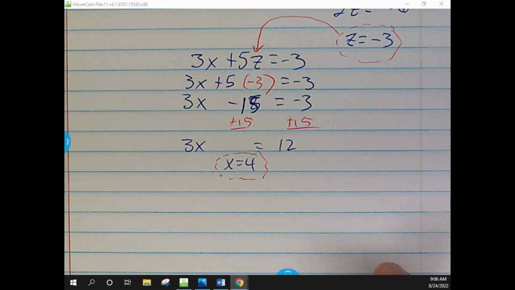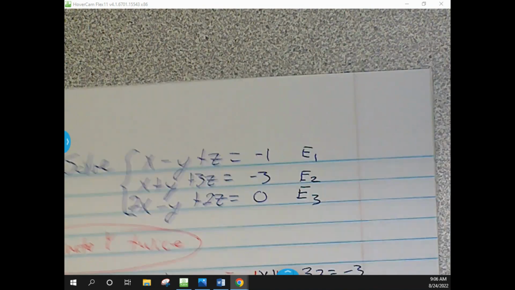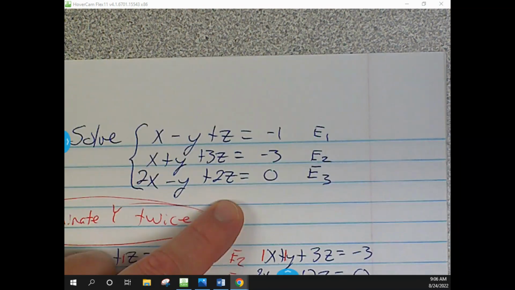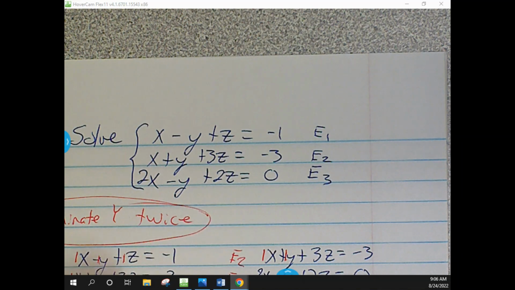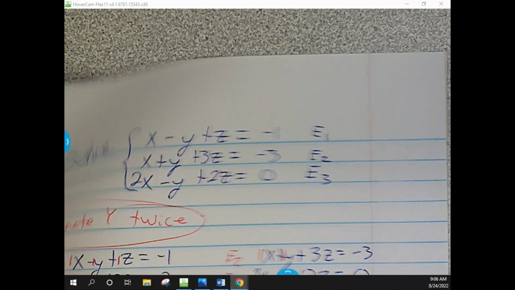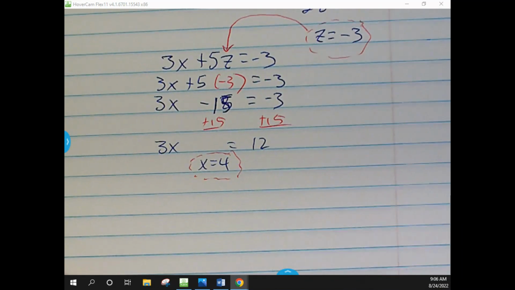Okay, so we've got x, we've got z. Now we've got to go back to an equation that's got y in it so we can figure out what y is. And so now I'll do it real quick here, going back to any one of these original equations back here, and we're going to plug in x and z just so we can see what's happening there. And again, there's no right or wrong on that one to pick.